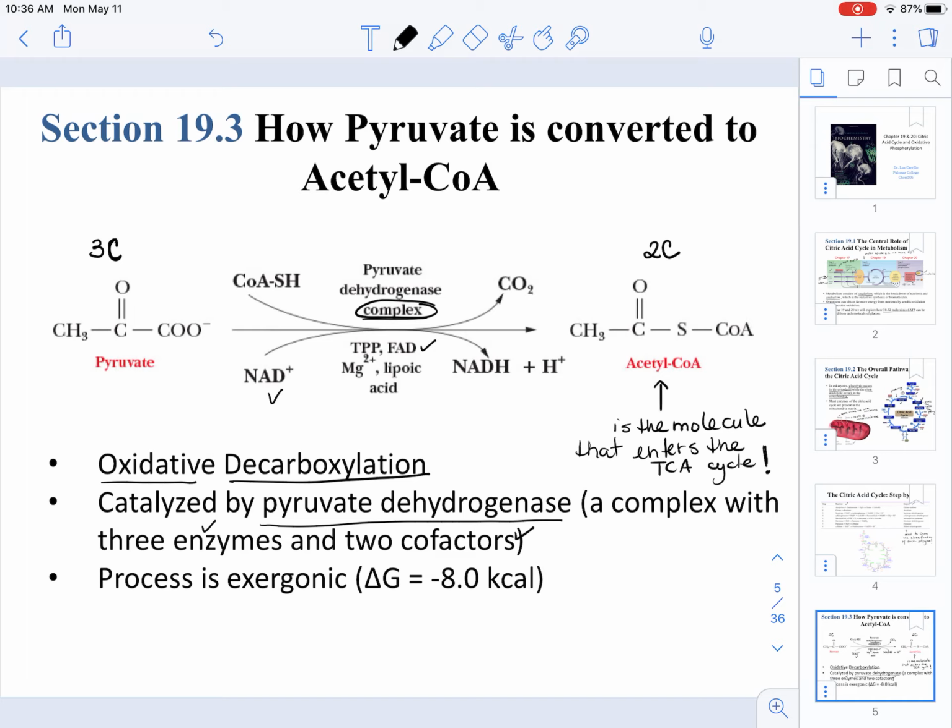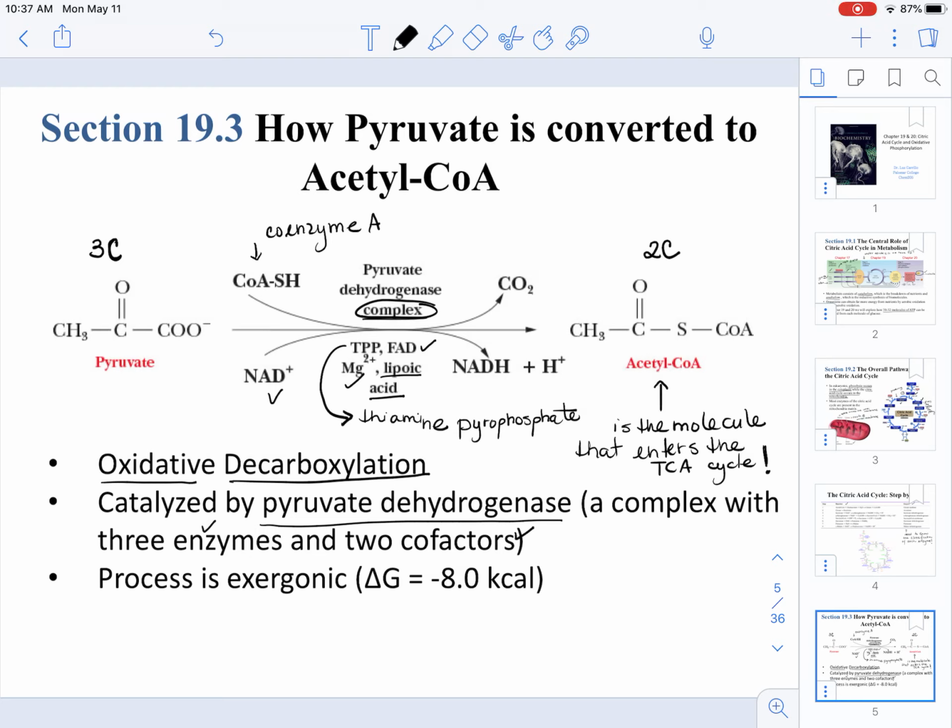We have coenzyme A, which is another molecule that is a nucleotide. And as you can see, we have TPP, which is known as thiamine pyrophosphate. We have lipoic acid. We even have a divalent cation, in this one specifically magnesium.